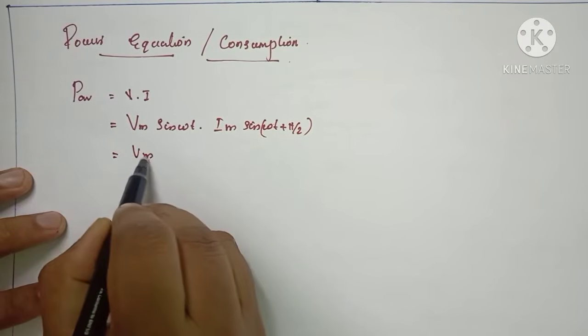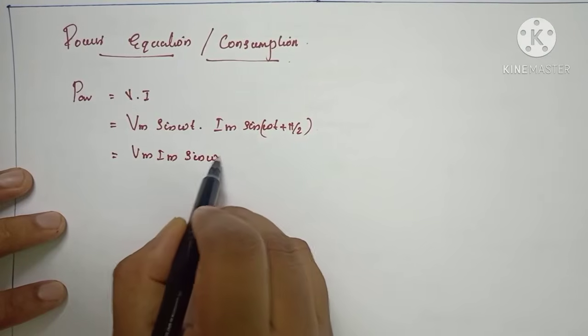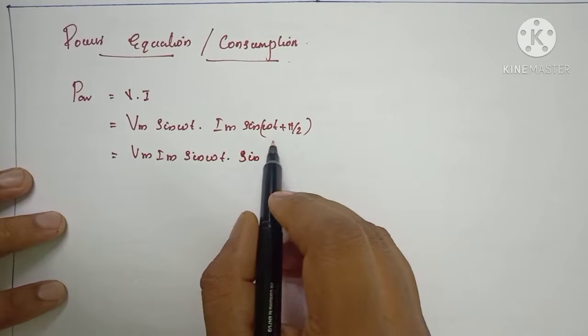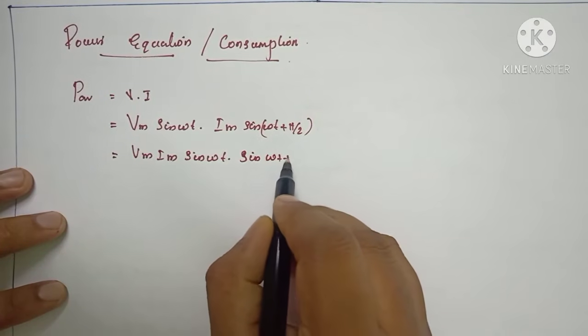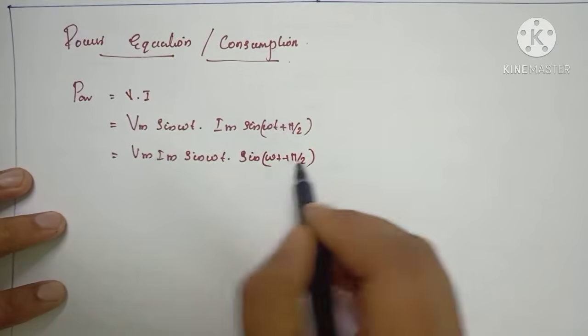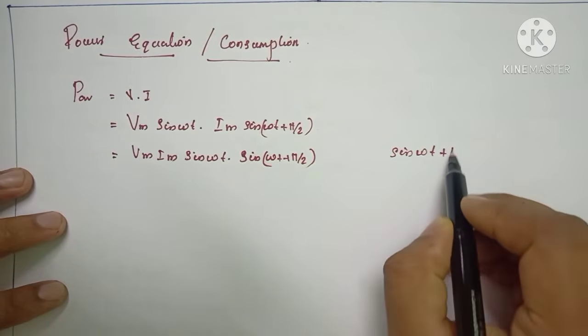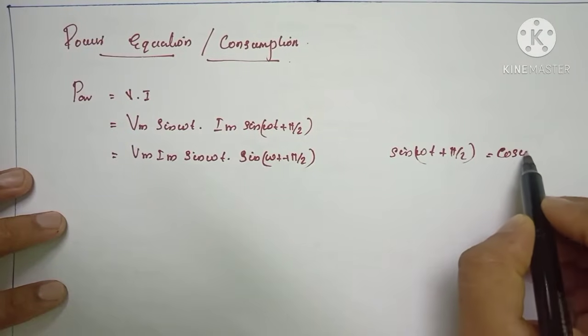So Vm Im sin omega t into sin(omega t plus pi by 2), and sin(omega t plus pi by 2) is nothing but cos omega t.